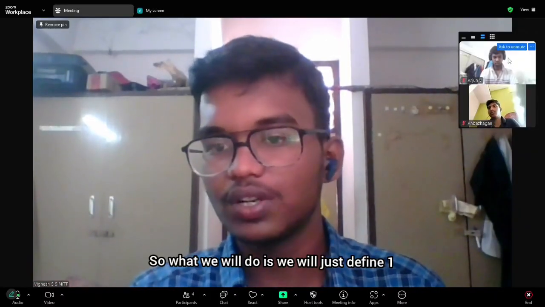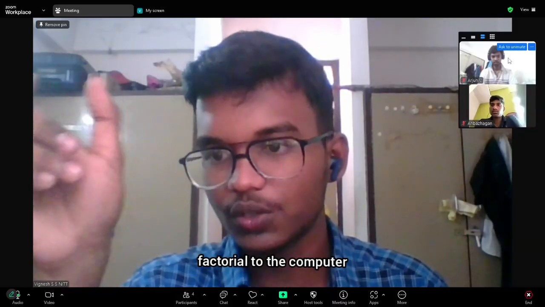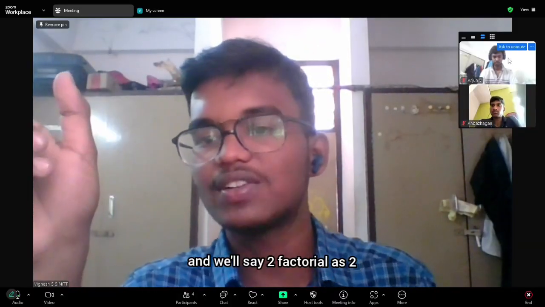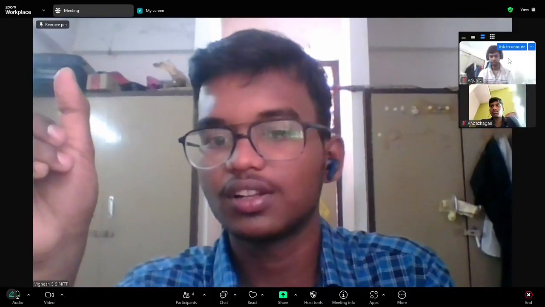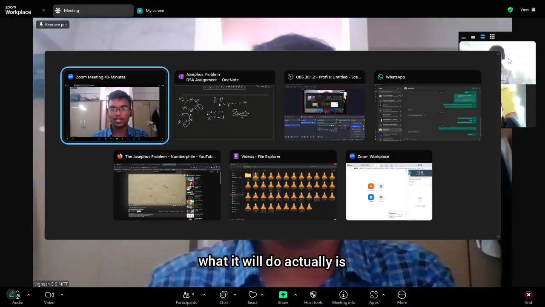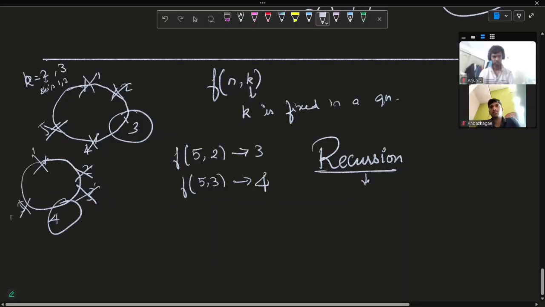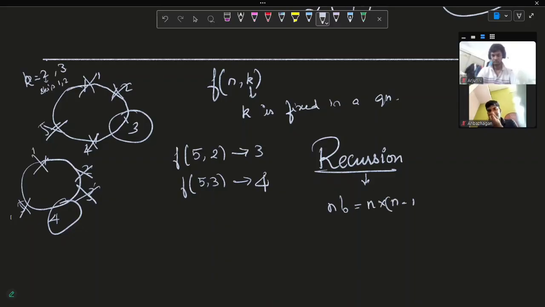So we define 1 factorial to the computer as 1, 2 factorial as 2 into 1 factorial, 3 factorial as 3 into 2 factorial. In general, n factorial is n into (n minus 1) factorial.